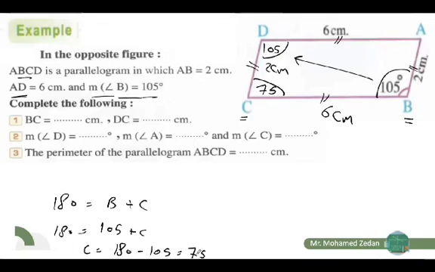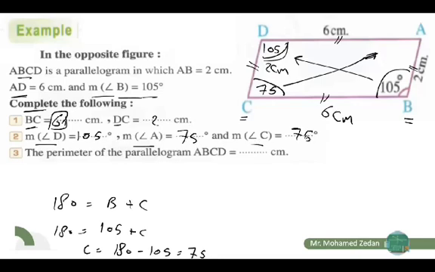Excellent. Then he asked me about BC; as we know, BC equals 6 centimeters. DC, 2 centimeters, excellent. Measure of angle D equals 105. Measure of angle A: the opposite angle of angle C, equals 75. Then the two adjacent angles equal 180.